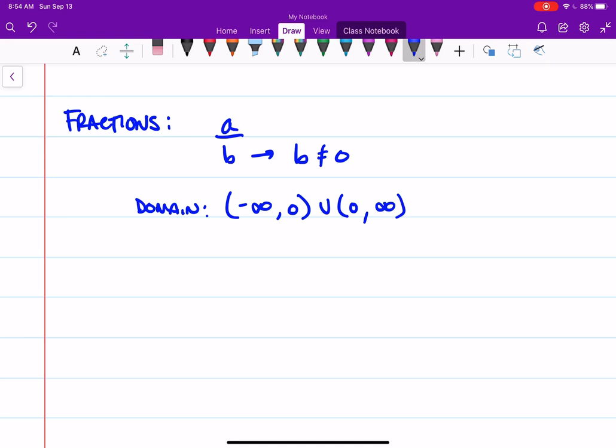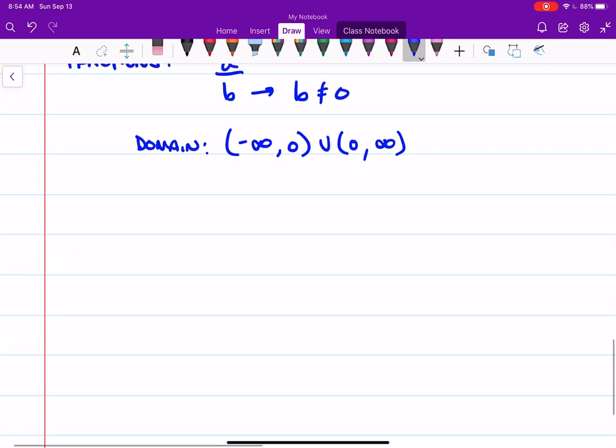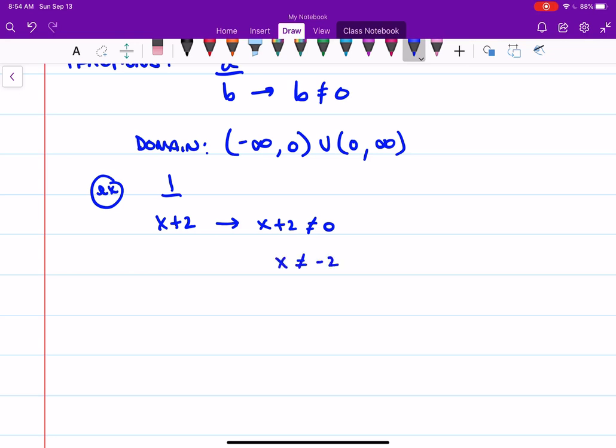Okay? Now that's just for b. So let's say, for example, I had 1 over x plus 2, right? I know that x plus 2 cannot equal 0. So if I subtract 2 from both sides, then x cannot equal -2, right? But it can be everything else.